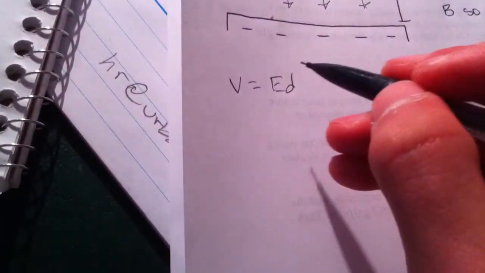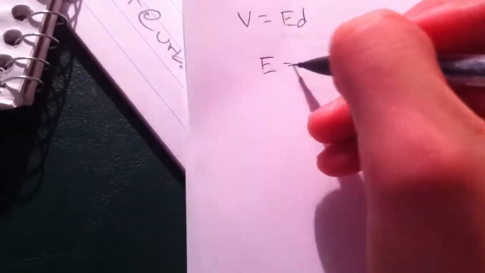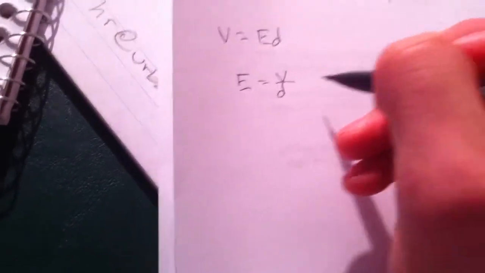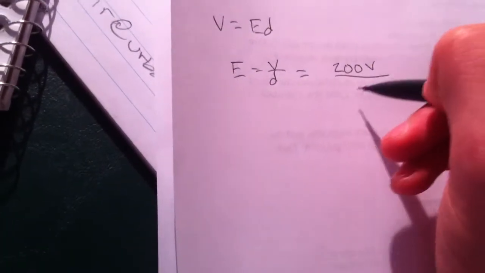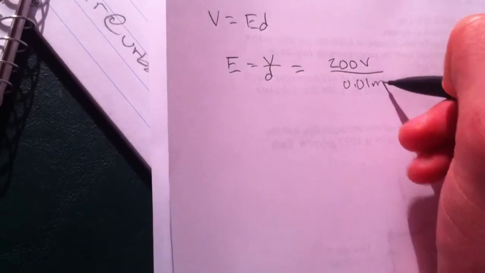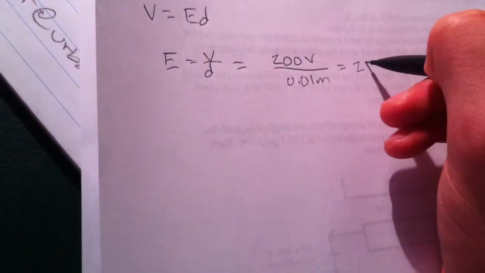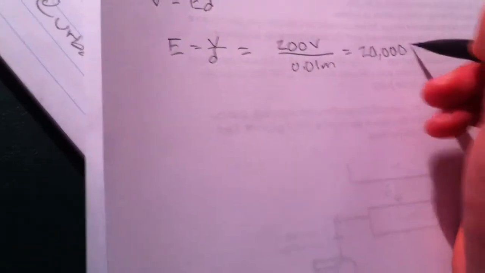Now the first thing I start out doing is saying that we know V equals E times d. And we need to find E, because we know V and we know d. So we say E equals V over d, which is equal to 200 volts over 0.01 meters. Now this is equal to 20,000 volts per meter.